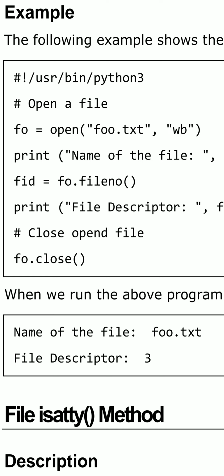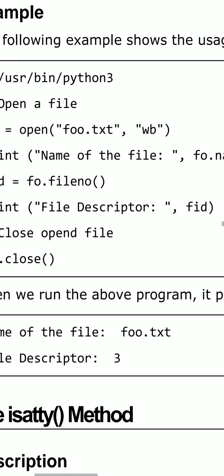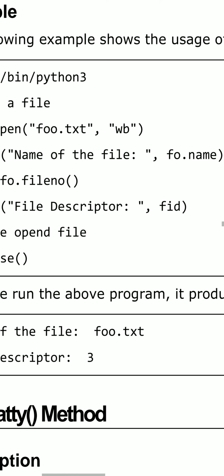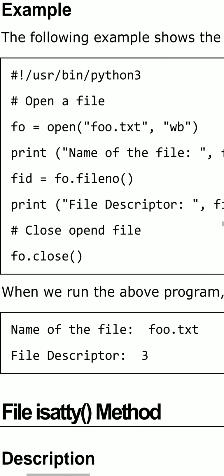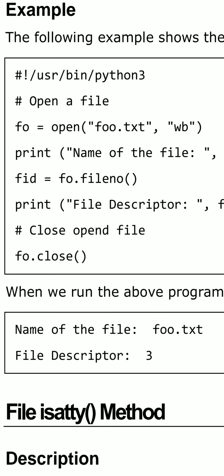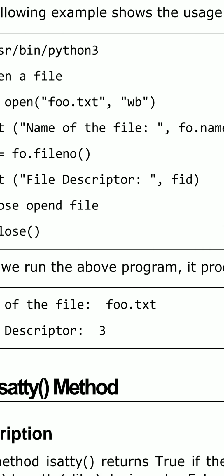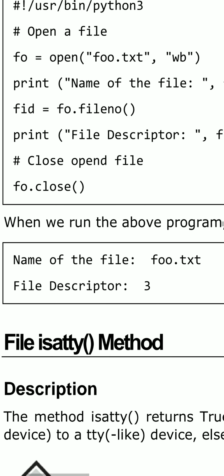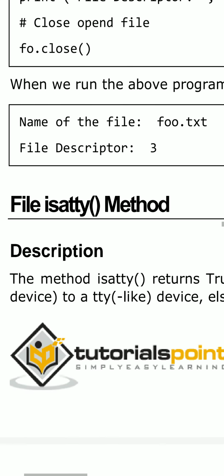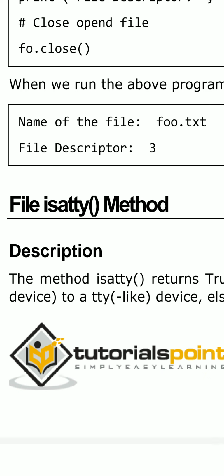First of all I have taken a variable fo, opened a file in WB mode, then printed the file name onto the output screen. Then fid is another variable, and I am initializing this value with the file number, getting it using the fileno method, then printing fid onto the output screen, then closing the same file. The file number is 3, that is the file descriptor is 3, which is printed on the output screen.